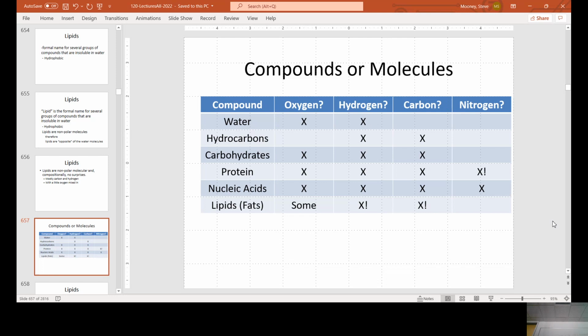Find the charts. So on the big four chart, no nitrogen, a little bit of oxygen, yes to hydrogen, yes to carbon.